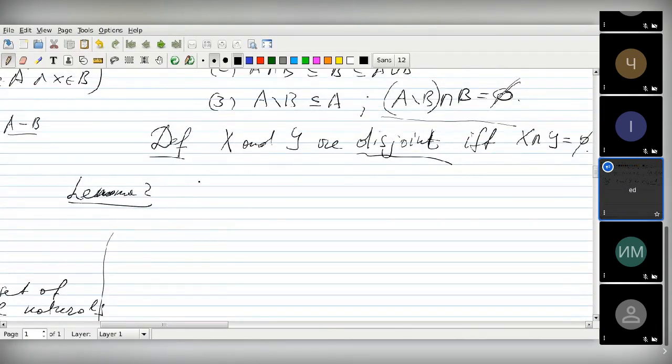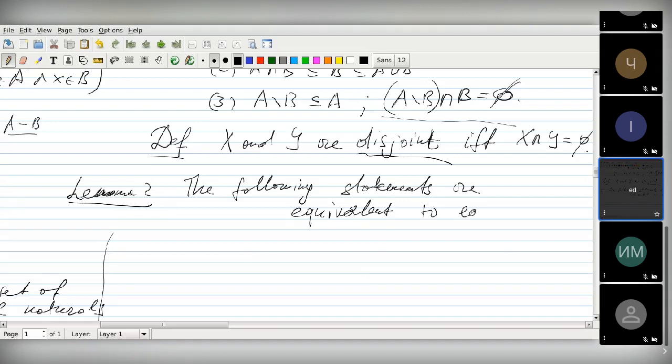Lemma 2 says that the following statements are equivalent to each other. I say that A is a subset of B if and only if the intersection equals what, by the way?